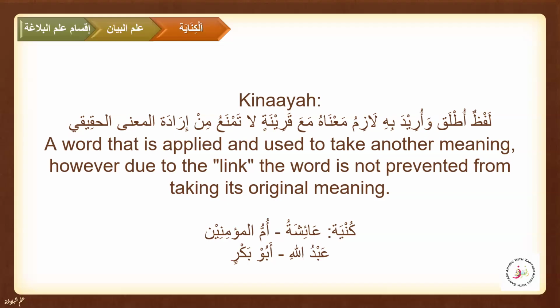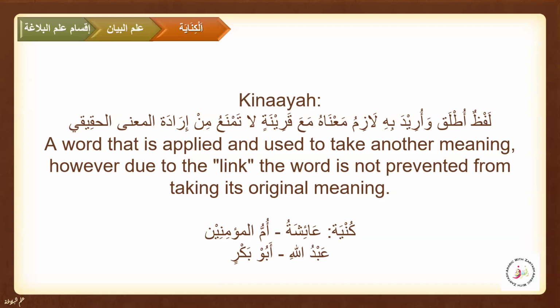And you have to use your brain to catch the real message behind it. Let's see now, kunya, like here, Aisha, Umm al-Mumineen, and Abdullah, son of Abu Bakr. We know what kunya is in Arabic culture and language. A kunya is like a nickname that shows respect or connection to a child.